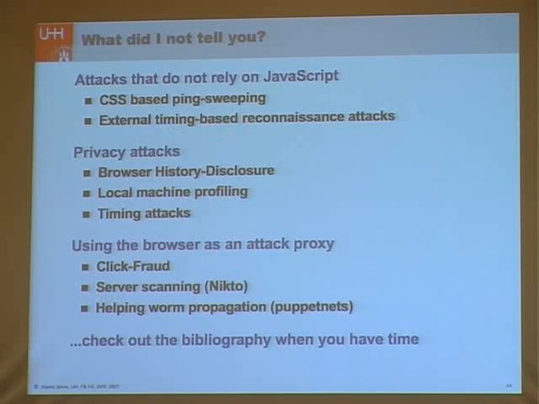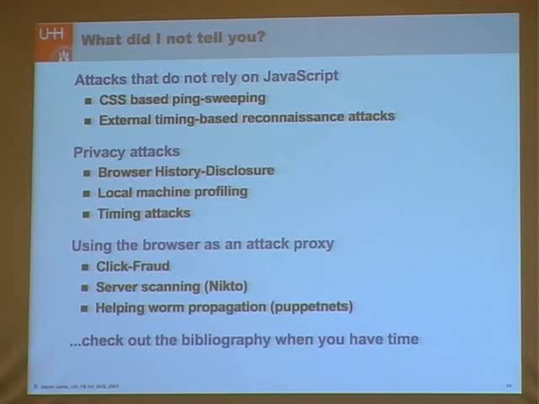without JavaScript. There's a whole class of privacy attacks that don't aim at finding out about the internal network, but try to find out who's using the browser and what his characteristics are. There's a lot you can do, including finding out what you have recently searched on Google. And there's a big class, and I think this is the class that worries me the most sometimes because it's the hardest to work against. It's using the browser as an attack proxy.